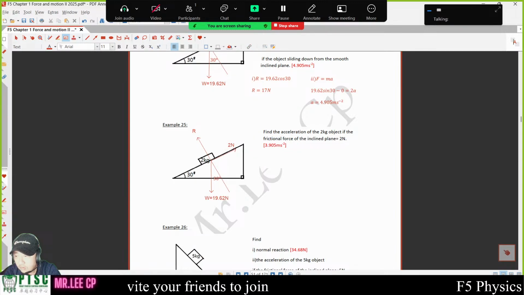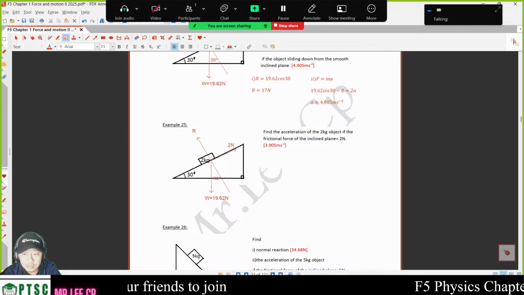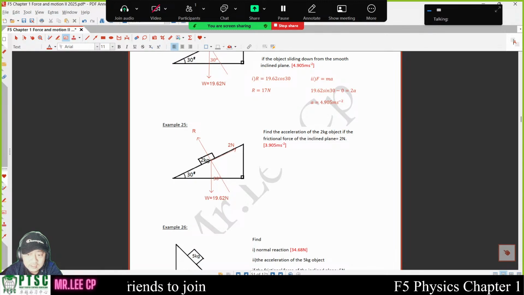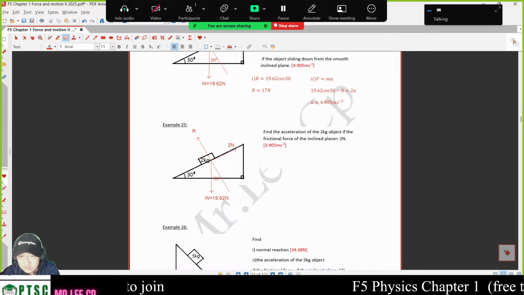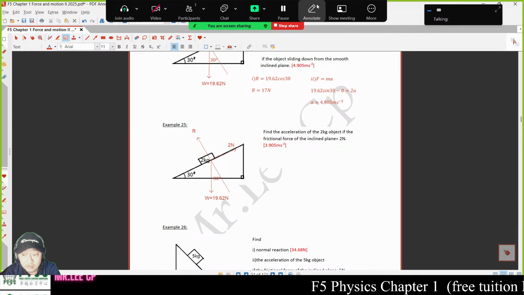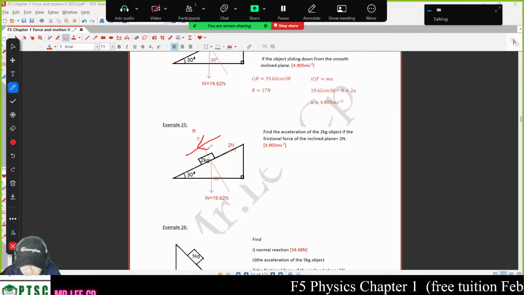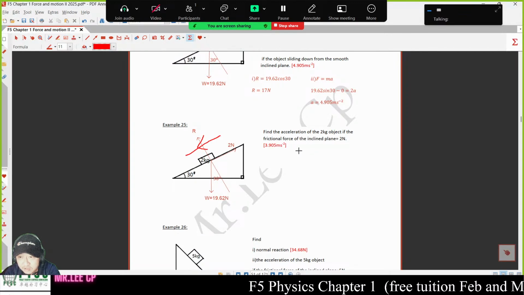Now, this question is not asking me the R, so I don't want to do the R. R is equal to 19.62 cos. So I don't want. So I want to find the acceleration only. So I am going to do this way, right? So my resultant force F is equal to MA.